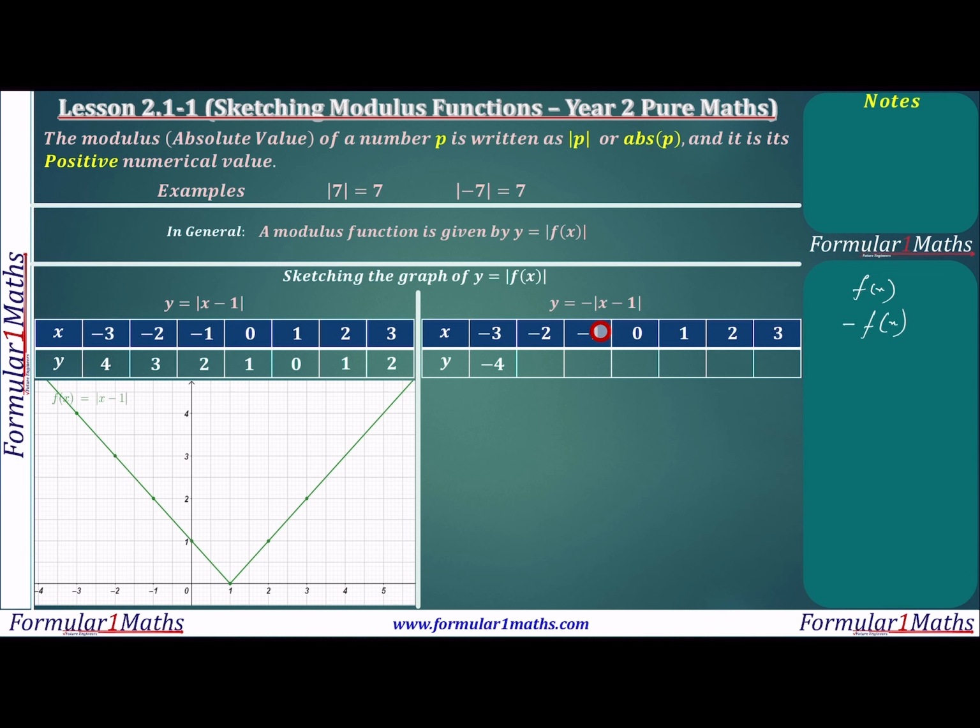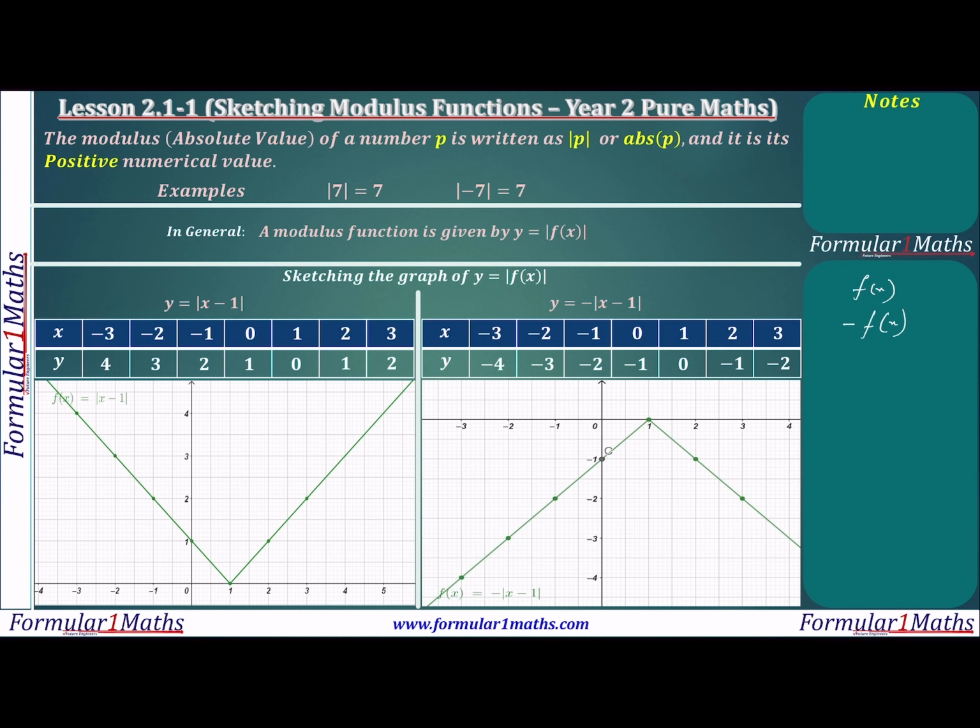And when x is minus 2, minus 2 minus 1 is minus 3, but the modulus of minus 3 is 3. If I negate it, I'll get minus 3. If I do the same thing for the rest of the x values, I'll get the following values. When I plot these points, I'll get the following. And that's exactly what we expected, because this graph is a reflection of this graph in the x-axis.